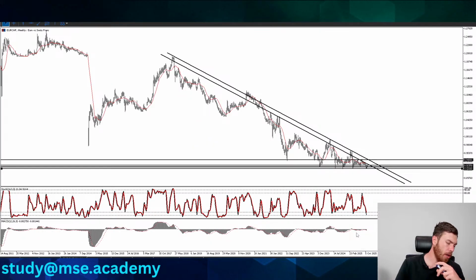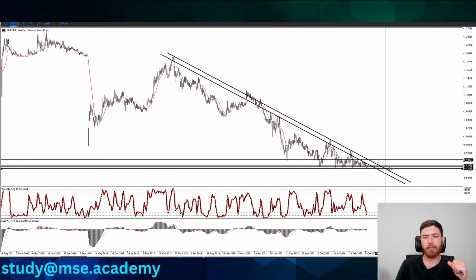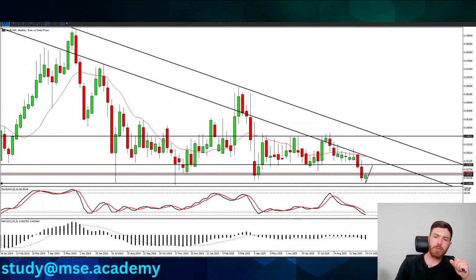Now, in terms of the market structure, you can see that this market has been selling off, making higher lows every single time. So I basically placed two trend lines here, one focusing on following the very strong spikes, and the second one focusing on the lower spikes of price. That has given me a zone.